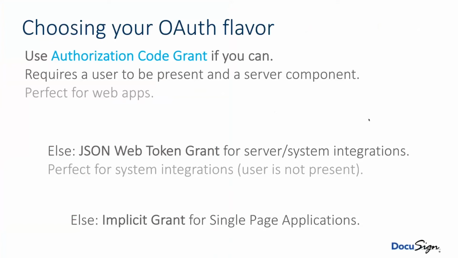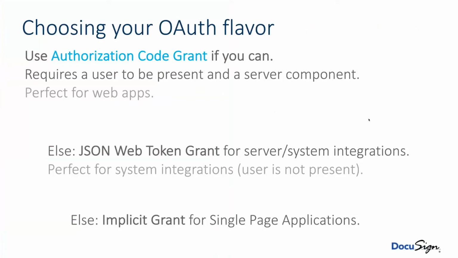In particular, that's often used for server integrations, also called system integrations, where the user is not present. An example of this type of integration is an application that's running quietly by itself, no user is present, and the application is watching a database table, and then when a record gets added to the table or is updated in a particular way, the application either sends out an envelope via DocuSign or perhaps looks up information from DocuSign.